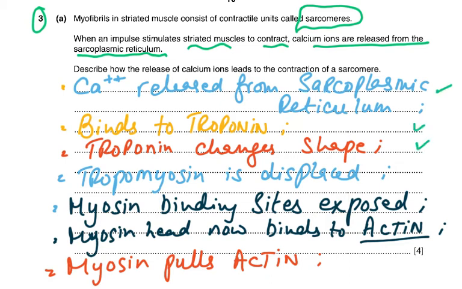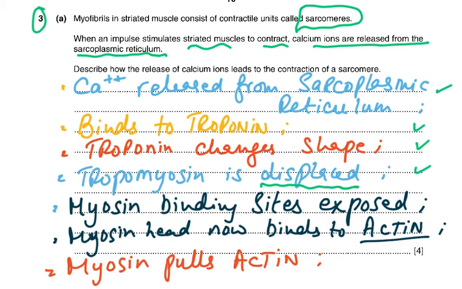Troponin changes shape. Tropomyosin is displaced. Very good word: tropomyosin is displaced. Myosin binding sites exposed. Myosin head now binds to actin. Myosin pulls the actin. So a very simple mark scheme, very plausible and very answerable.